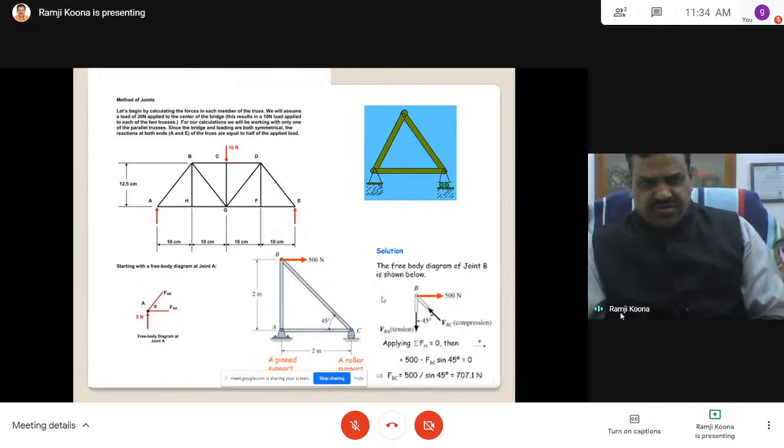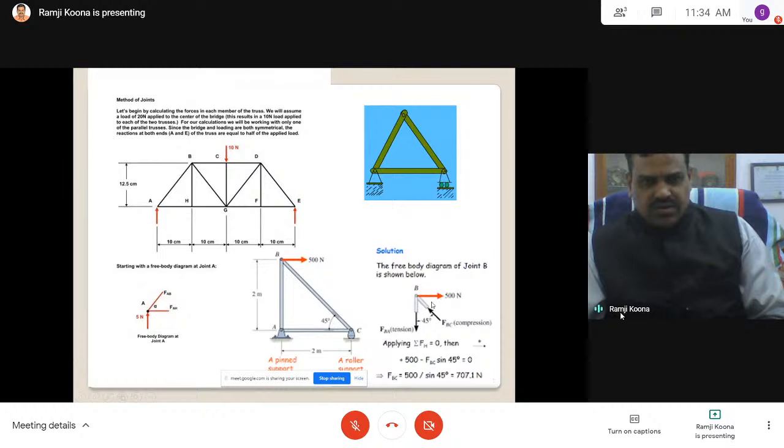First determine the reactions, the vertical reactions: 5 newtons and 5 newtons, total 10. Then determine FAB. In this case joint B is given, and find two equations with two unknowns.